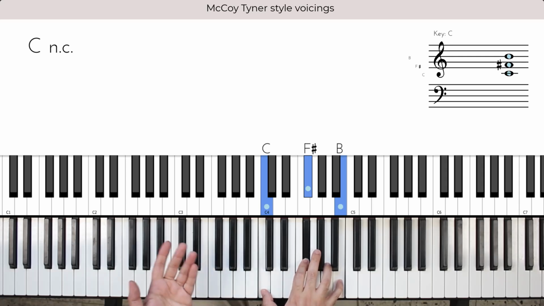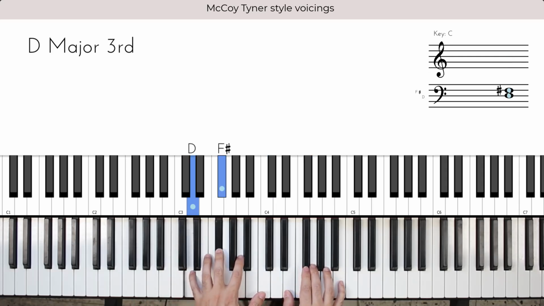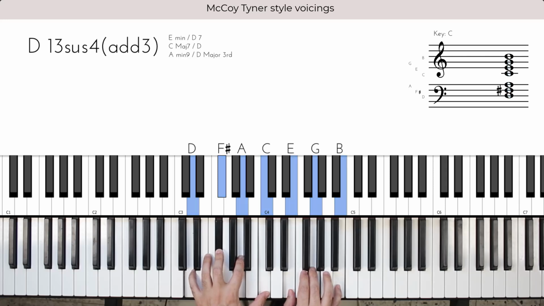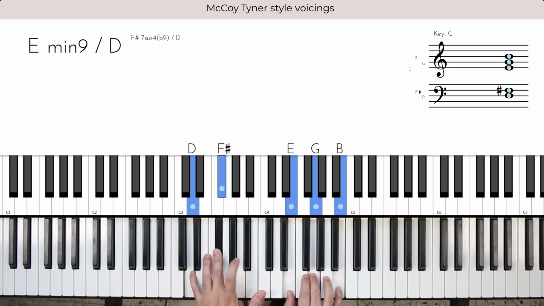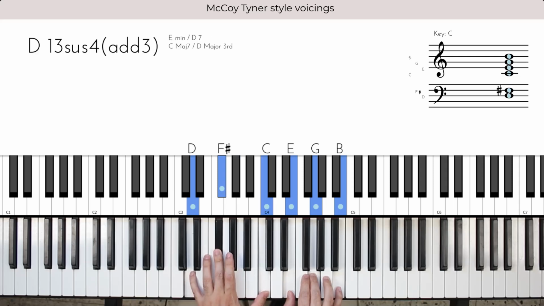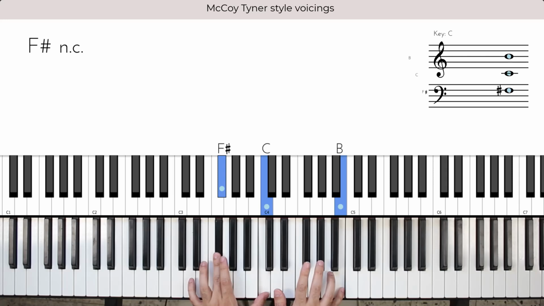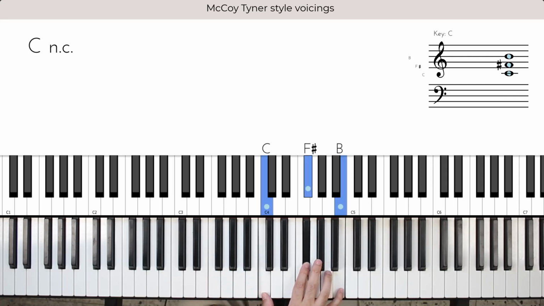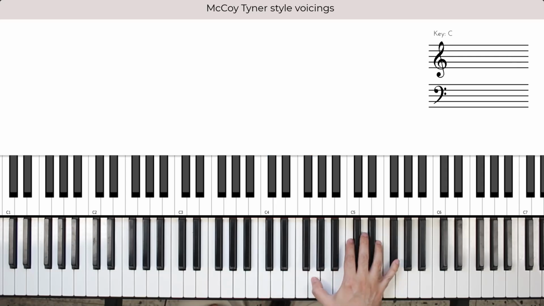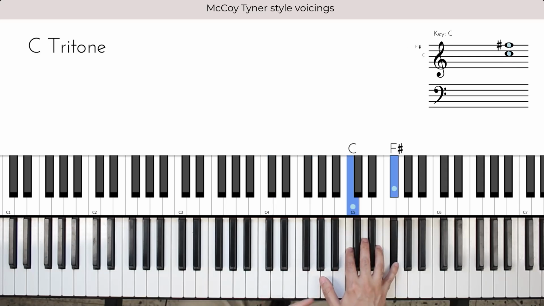My own personal interpretation for this is really a D 13th chord, right? So if I played the 3rd, 7th, and 13th, and I move this up an octave, I get this kind of voicing.